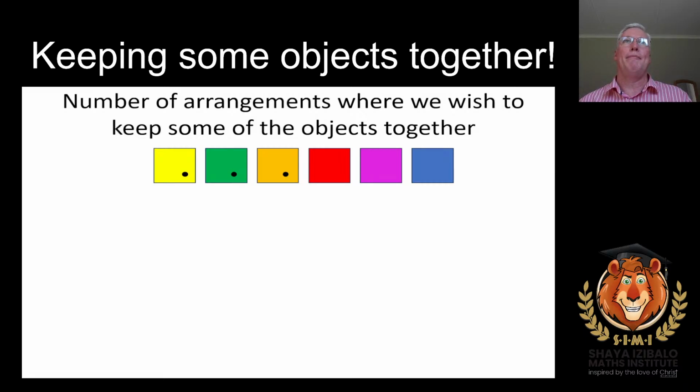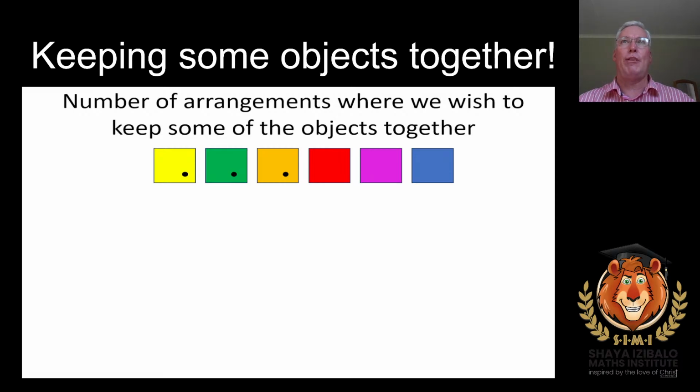It could be books by a certain author on a shelf. It could be your shirts hanging in a cupboard and you want the green ones together. What's important here is that these ones that we want to keep together are different to one another. They've got some shared property that we want to keep them together, but they are actually different. You can see them there. They're yellow, green, and orange.